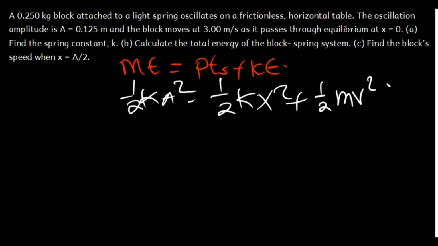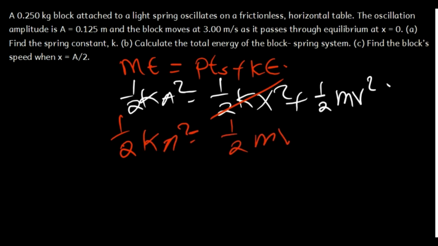Okay, so now as long as the question is saying it has reached its equilibrium where x is 0, we don't expect to have this part, it is going to be 0. So this is going to be cancelled. We are going to have half Ka squared equals half mv squared. So we are trying to make K the subject of the formula. What are we going to do? I can multiply by 2 everywhere.